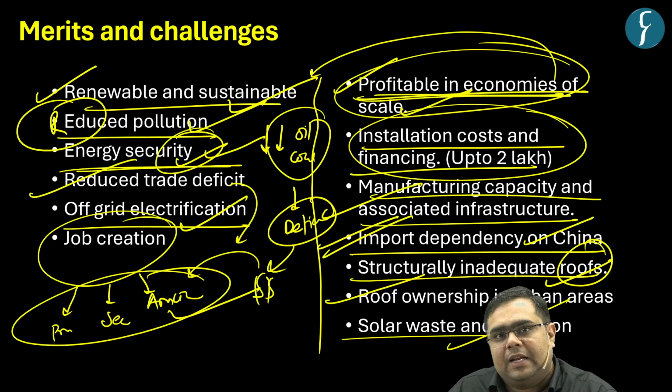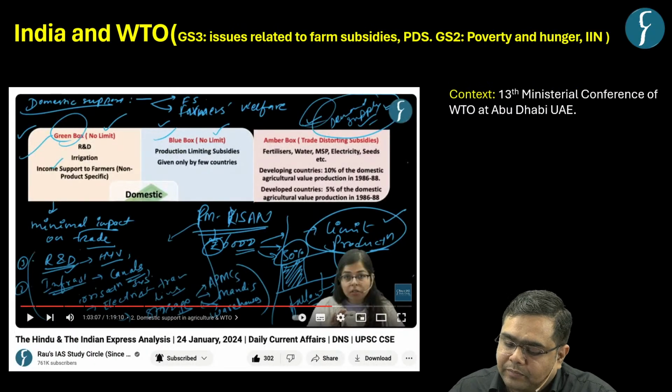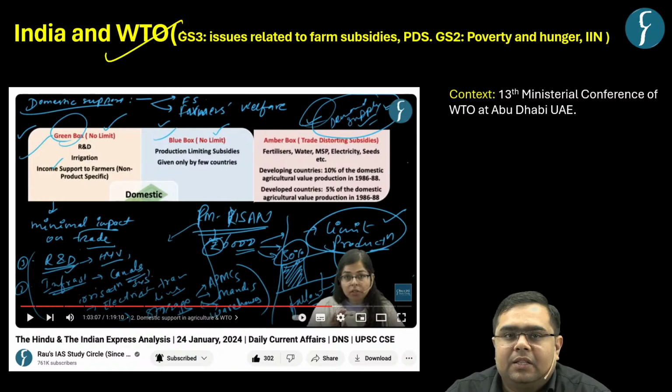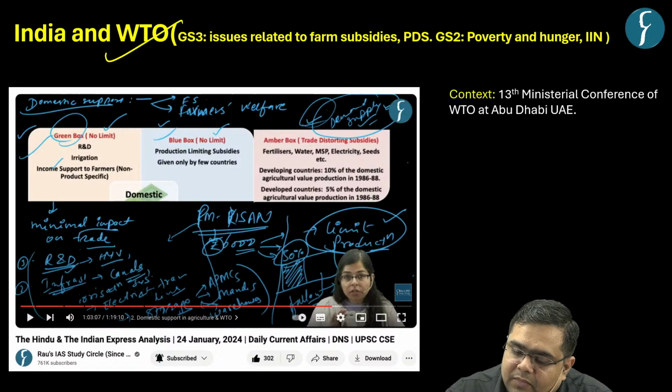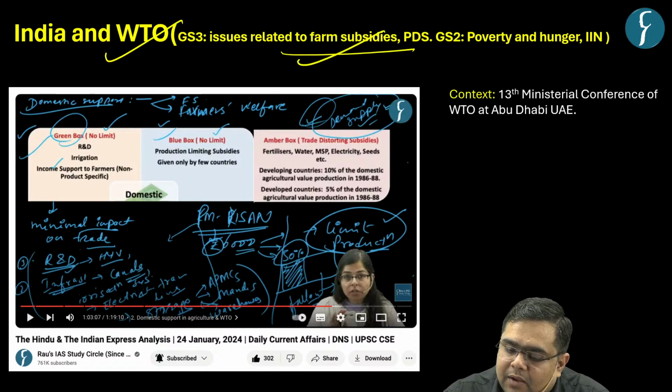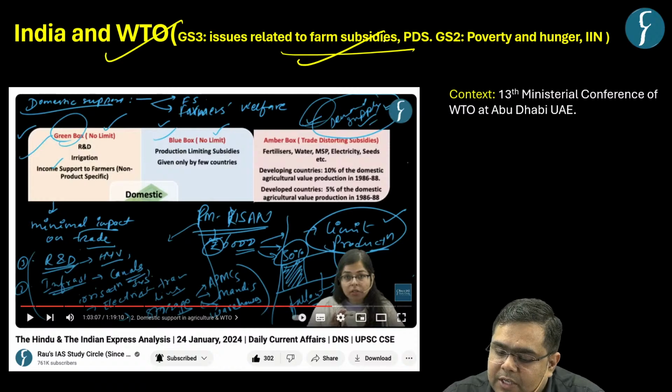So these are the challenges for which India should be prepared if we are about to eye for these kind of things. Next issue was again India. This week there were three issues. First one was with respect to coming on an agreement. Second one was with respect to RoDTEP scheme, and then the third one was taken in the context of farm subsidies, which is there in our GS paper 3.